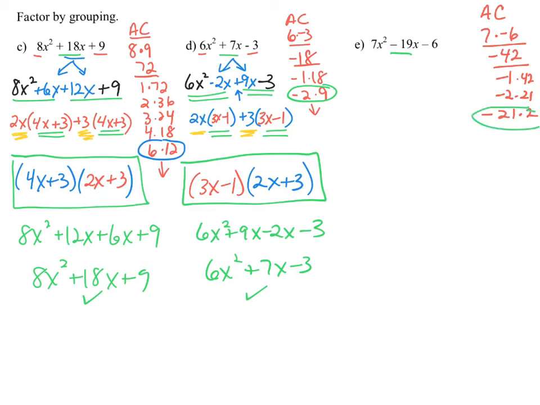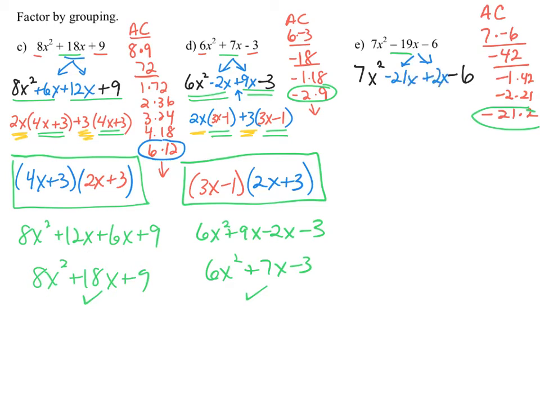So using the AC method or the grouping method, the trinomial can be written as the first term is going to be the same and the last term is going to be the same, but that middle term we're going to split it up into two terms, and negative 19x can be written as minus 21x plus 2x.